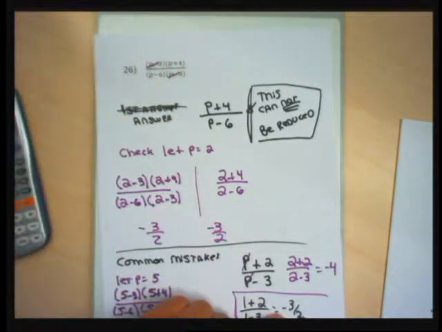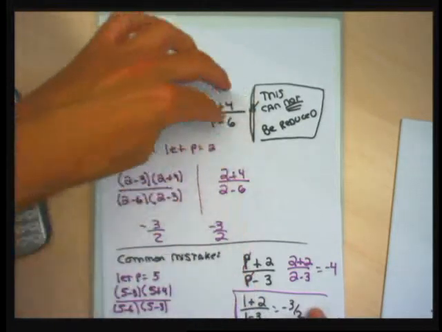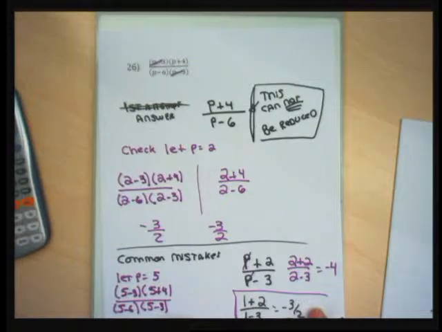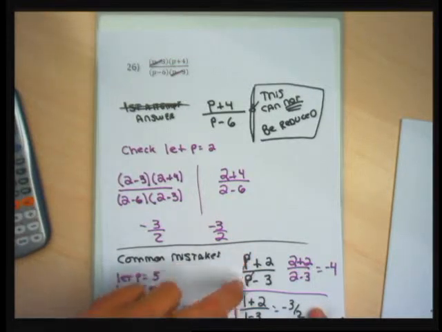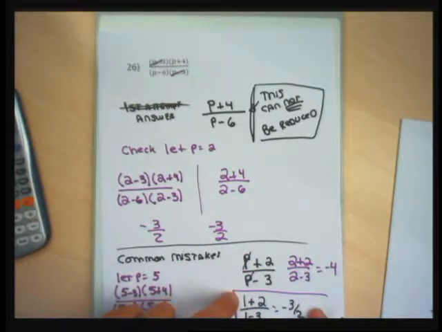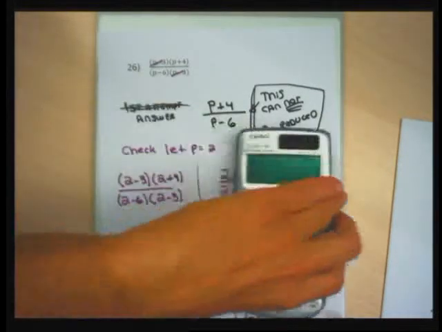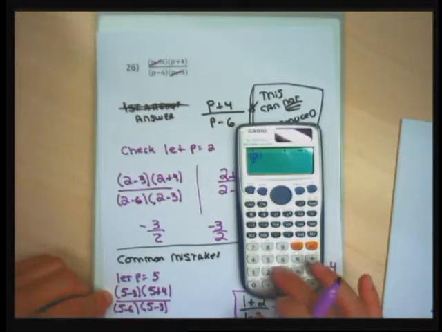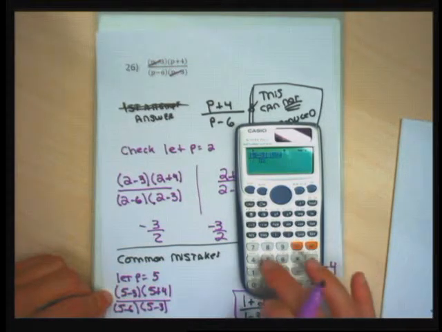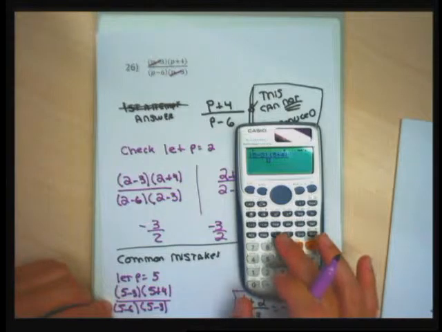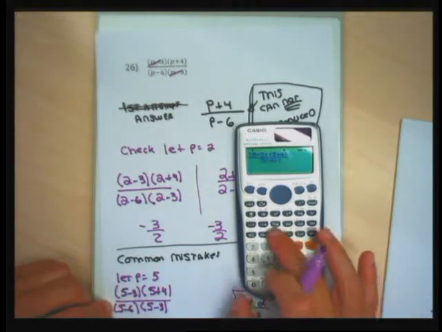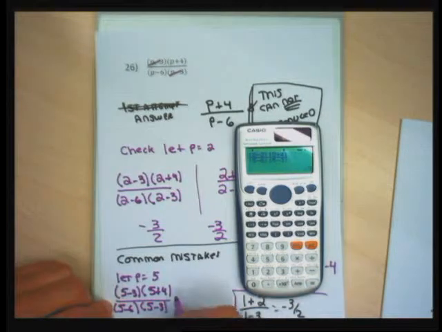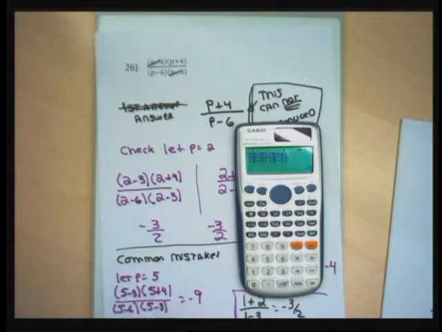For this answer to be correct, being able to cancel the 4 and the 6 and the p, this would have to reduce to negative 3/2, because in this version of an answer, there's no p's, which would tell me every time I reduce, I get negative 3/2. And if I do this, parentheses 5 minus 3, parentheses 5 plus 4, over parentheses 5 minus 6, parentheses 5 minus 3. When I do that, I get negative 9, which is not negative 3/2.